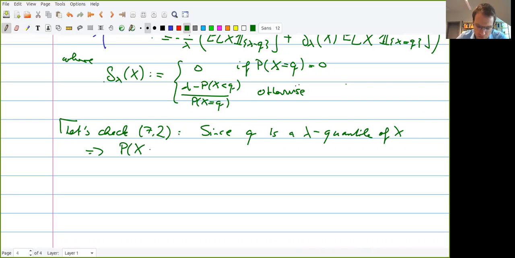This is just the definition of a lambda quantile. So the probability of X being less or equal than q has to be bigger or equal than lambda, and the probability of X being less than q has to be less or equal than lambda.